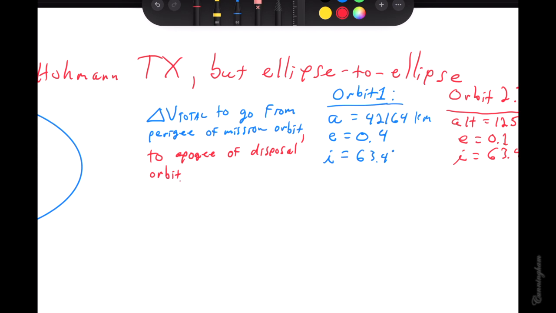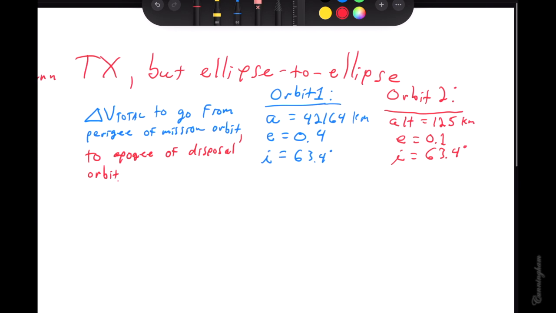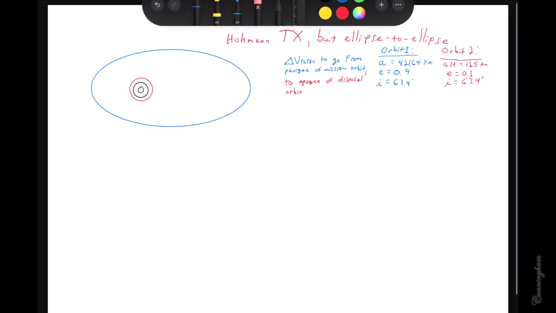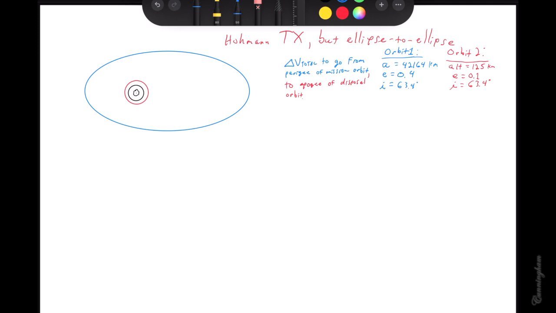I'm going to use terms like mission orbit and disposal orbit because that's what a problem would give you. Mission orbit is what a satellite spends most of its life in doing its mission, duh. And the disposal orbit's that small orbit that's going to basically pull it out, due to drag, right?